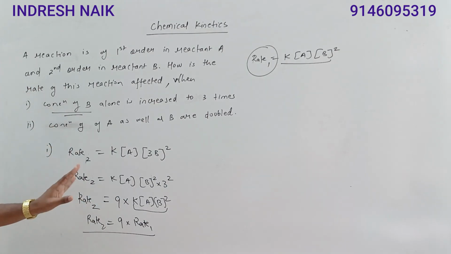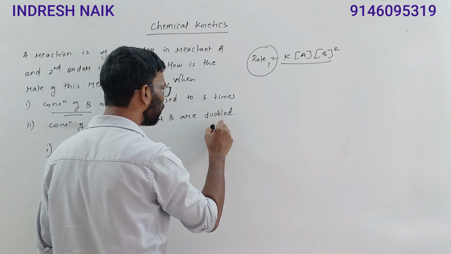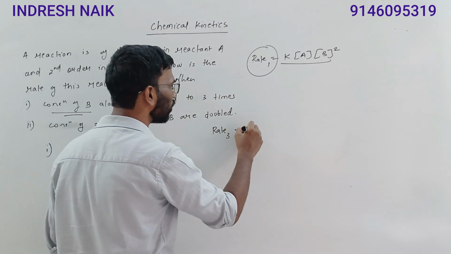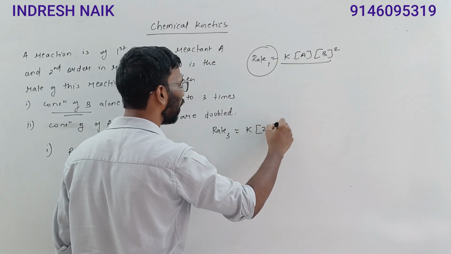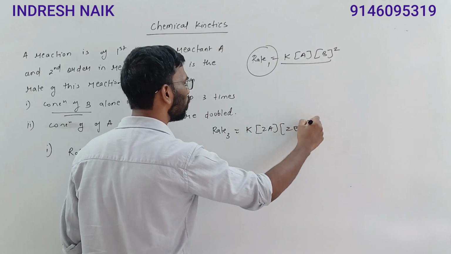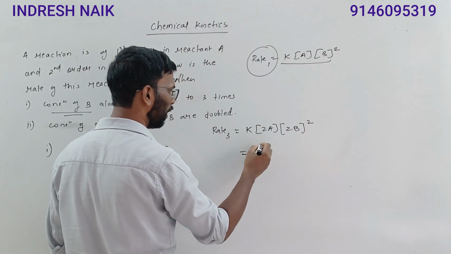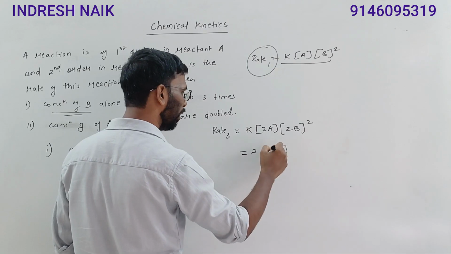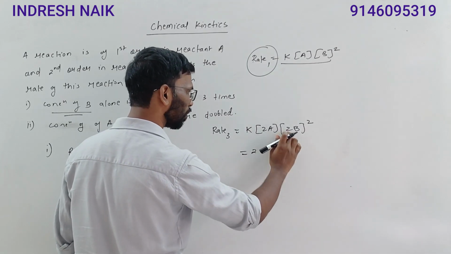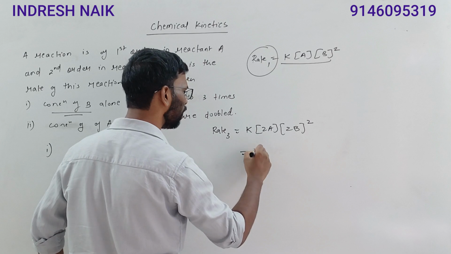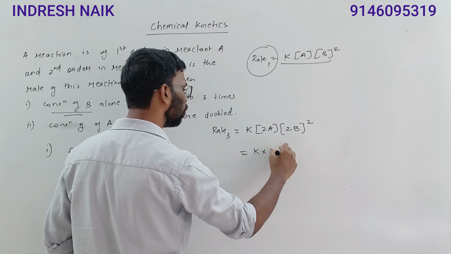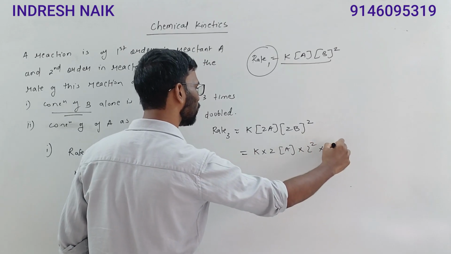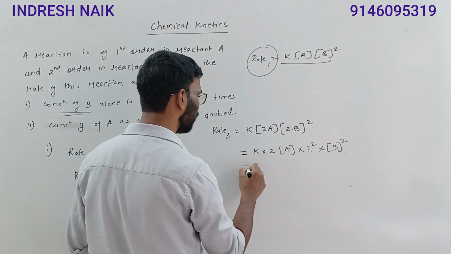Concentration of A as well as B are doubled. Now I will write rate 3, the new rate, which is different from rate 2, when the concentration of both A and B are doubled. So what would this be? I'll take the 2 outside. K, 2 times concentration of A, and 2 squared for concentration of B, the whole square.